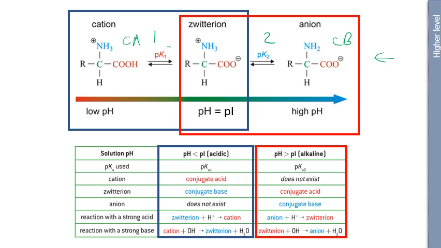So here we have basically, for amino acids, two dissociation constants. The cationic forms of amino acids with non-ionizable side chains have two acidic centers. So you've got the COOH, the carboxyl group, and of course the NH3+, the amino group there.